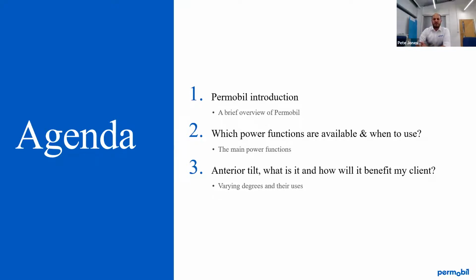And then we'll finish off with the anterior tilt function that is unique to Permobil and why we are so proud of this function and what this can offer additionally to your clients, before handing back to the Yorkshire Care team for the live Q&A session.